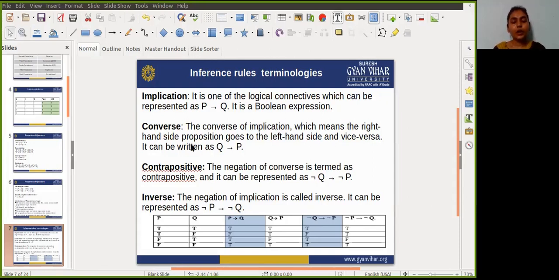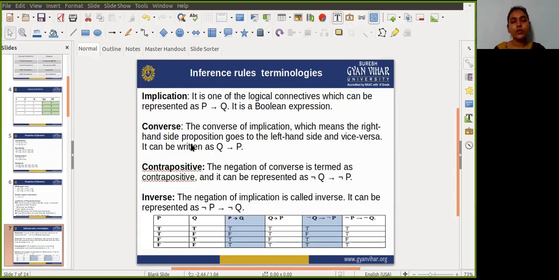First understand what implication is. Implication is one of the logical connectives which can be represented as p implies q. It is a boolean expression.